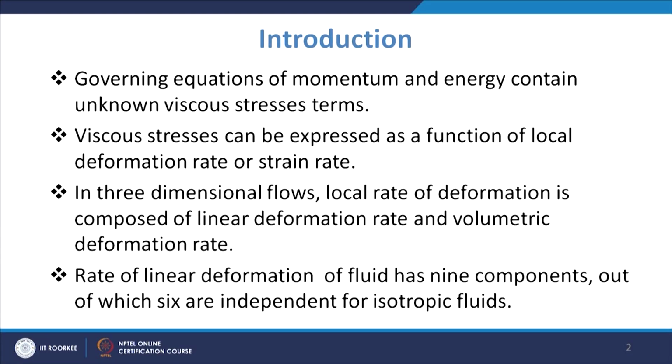Mostly, when we talk about three-dimensional flows, the local rate of deformation is composed of the linear deformation rate as well as the volumetric deformation rate. The linear deformation rate of the fluid has 9 components, out of which 6 are independent for isotropic fluids.